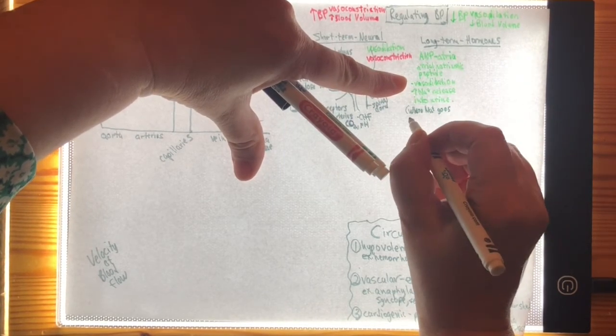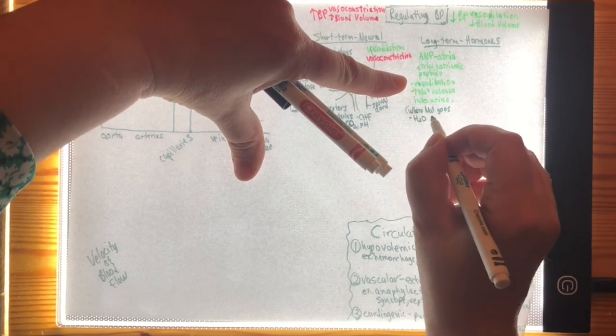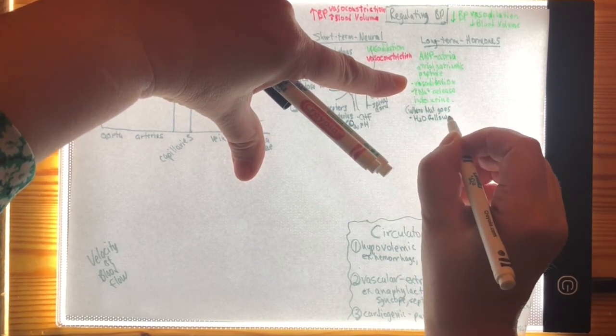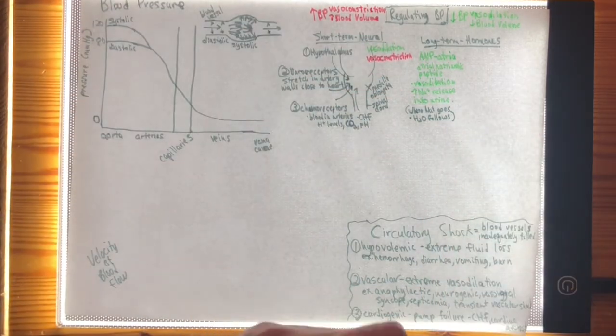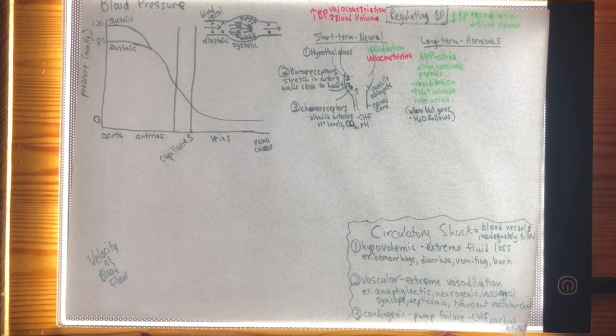And I just wanted to put this out there because we discussed this dictum when we discussed the endocrine system, but I want to make sure we're really clear on this. Where sodium goes, water follows. So if you release sodium into the urine, you're also going to be releasing water into the urine.